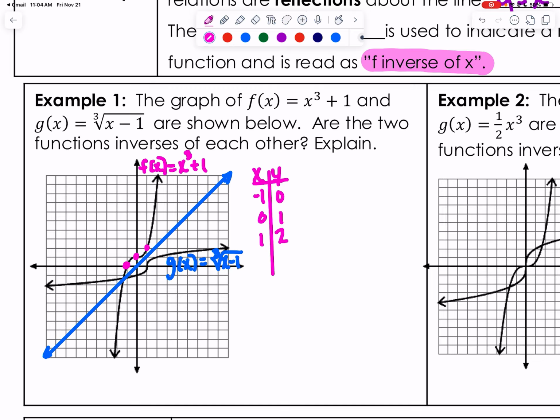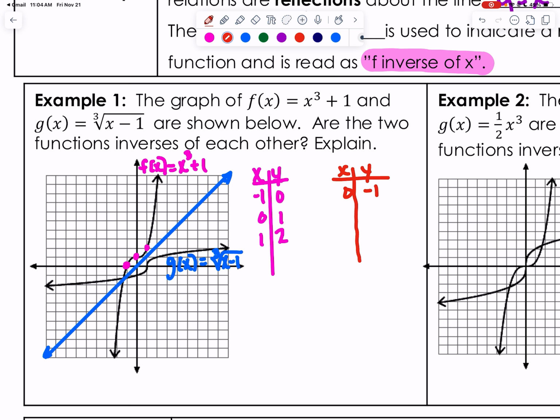Okay. Now, if they are switched, then that means, let me grab red, okay? If they are switched, then it's going to look like this: 0, negative 1, 1, 0, 2, 1.